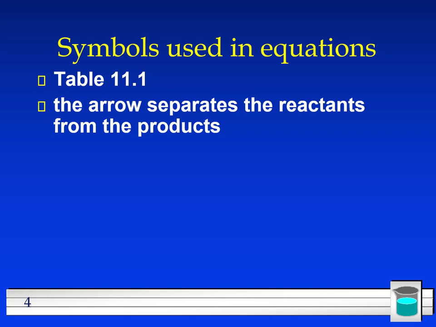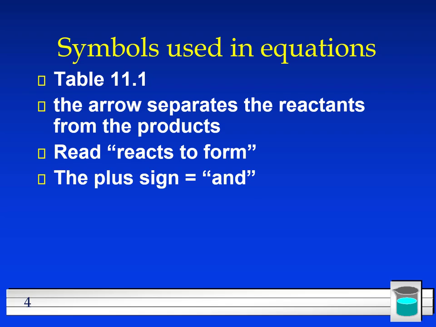It's the verb. I always read it as reacts to form. You do it turns into, becomes, makes. The scientific word for that is yields. So there it is, our verb. And we already said the plus sign was the word and. There's our conjunction.